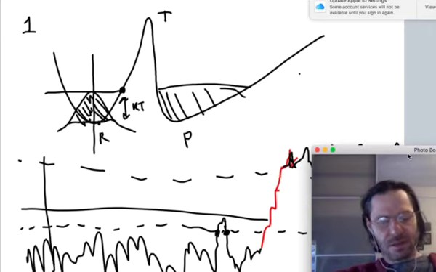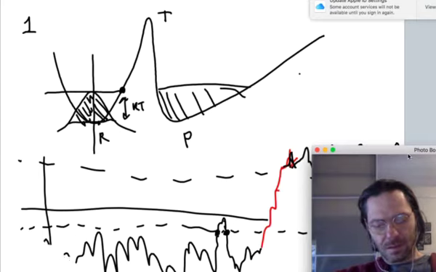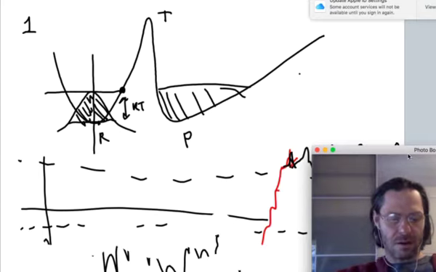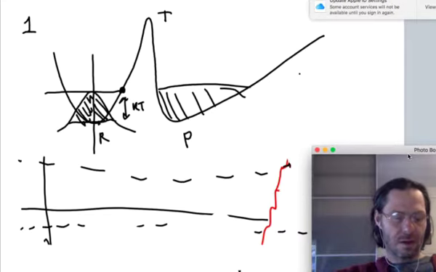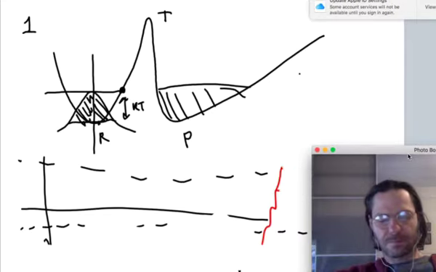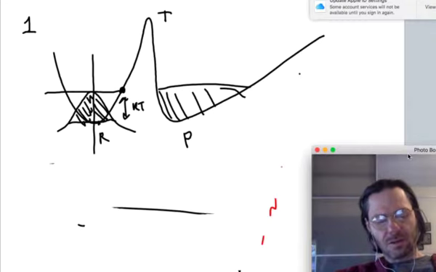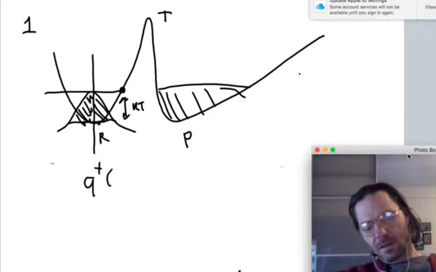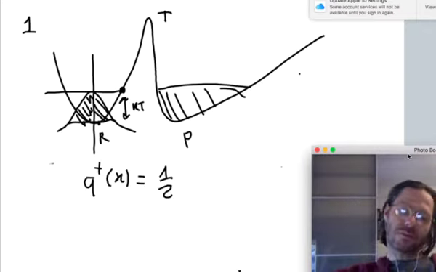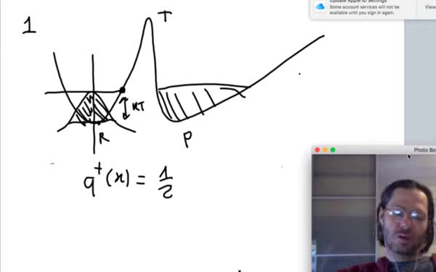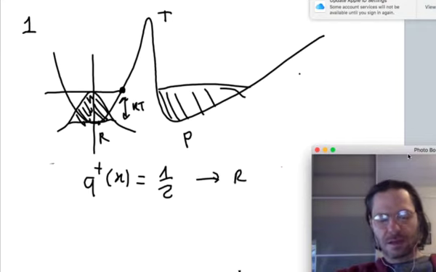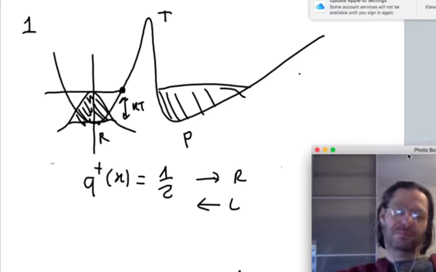But occasionally you don't. You land in the product before entering the reactant. So that means this would be a member of the transition path ensemble, while everything else would not. In addition, anytime you reach a point at which q plus is equal to 1/2, then you have 50% probability to land to the right or to the left.